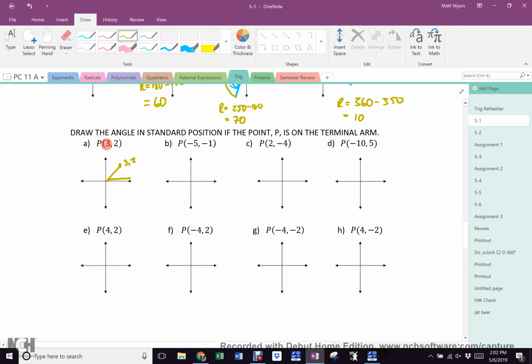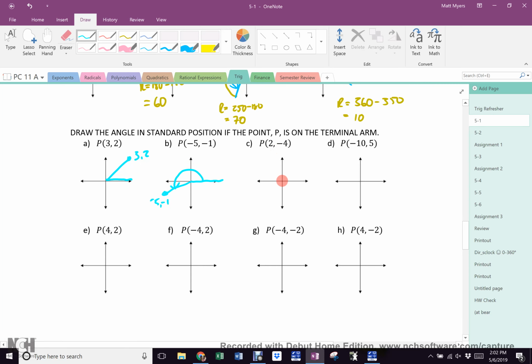But it's not 90. Okay. Where's this one? Quadrant 3. Everybody see how it works? Yep. Where's C? Oh, I'm using my reference angle color. I'm sorry, ladies and gentlemen. What an idiot. Where's this one?